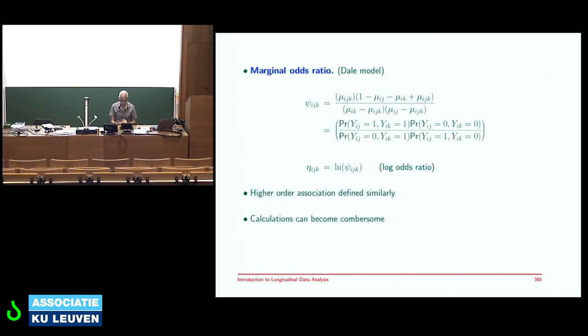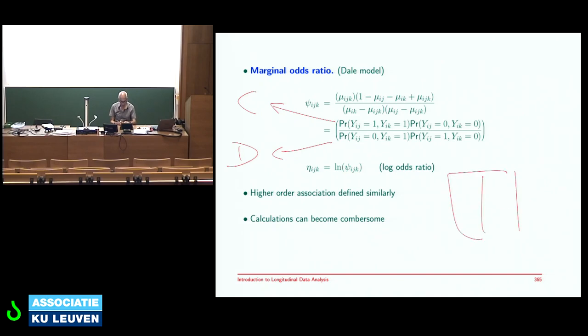Okay. A third approach is the marginal odds ratio, and it's easiest to understand in this form, where you have the pairwise success probability multiplied with the pairwise failure probability. In other words, the concordant ones divided by the discordant ones. It's very intuitive, very appealing.